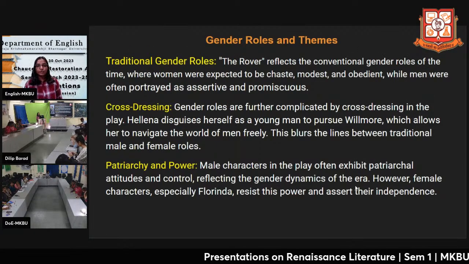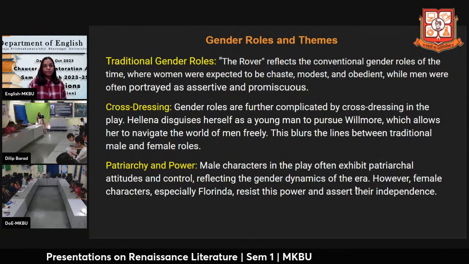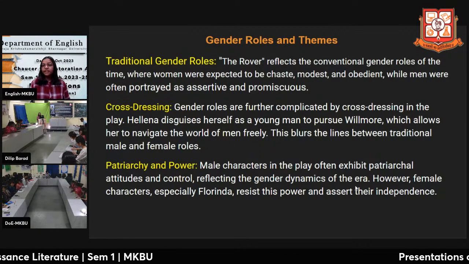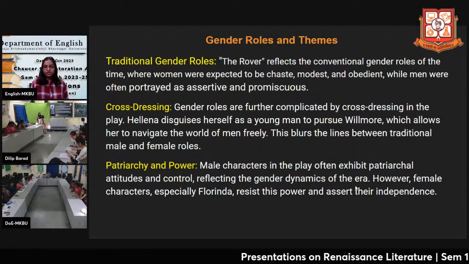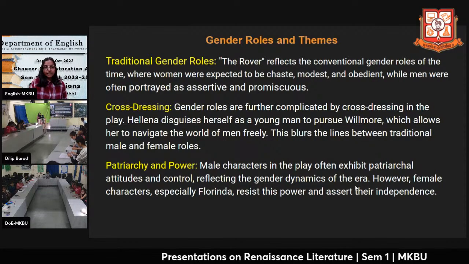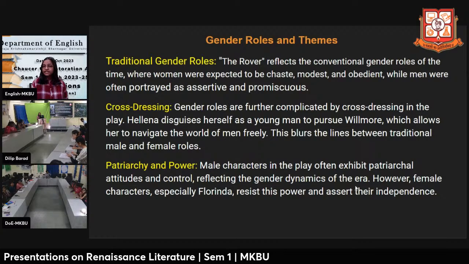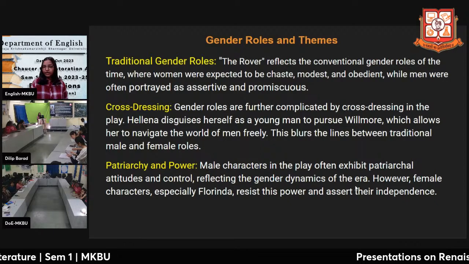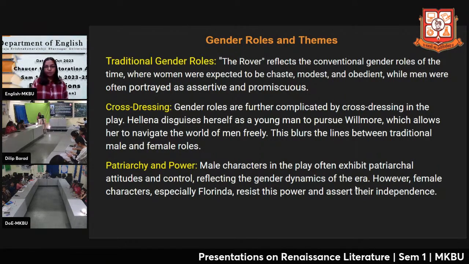Gender roles and themes. Traditional gender roles: The Rover reflects the conventional gender roles of the time, where women were expected to be chaste, modest, and obedient, while men were often portrayed as assertive and promiscuous. Cross-dressing: gender roles are further complicated by cross-dressing in the play. Helena disguises herself as a young man to pursue Willmore, which allows her to navigate the world of men freely.